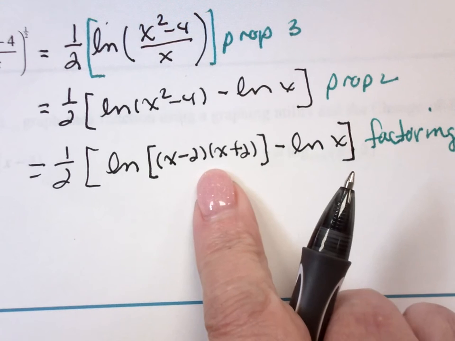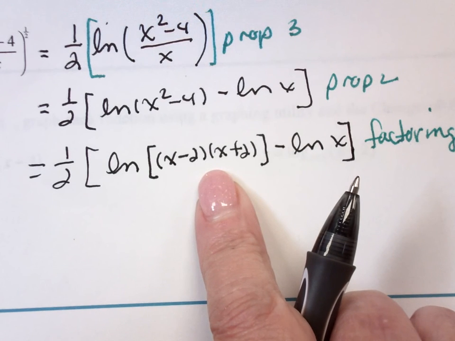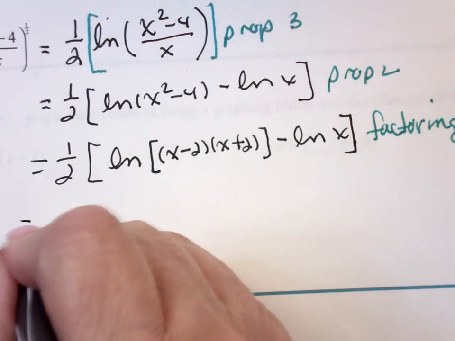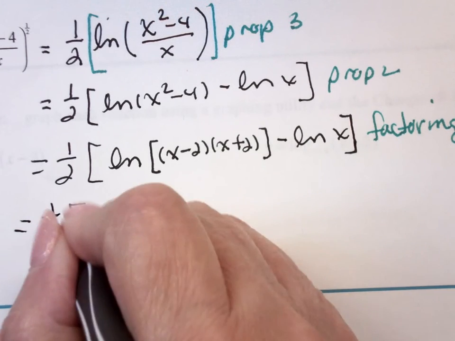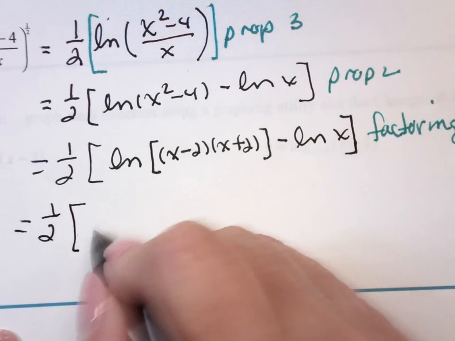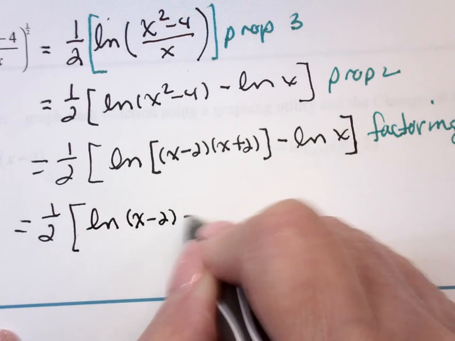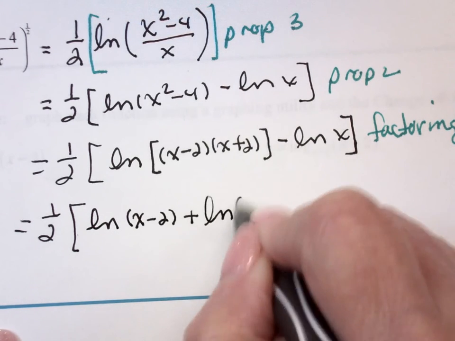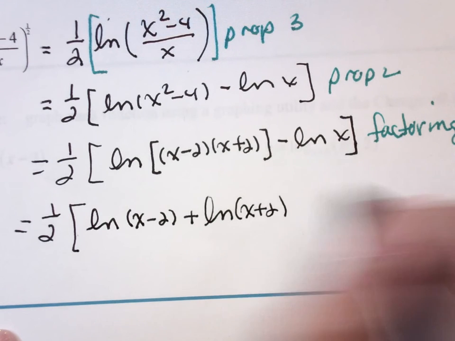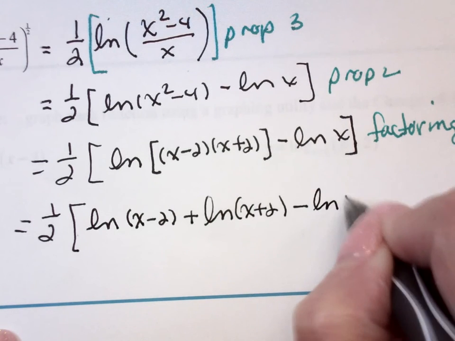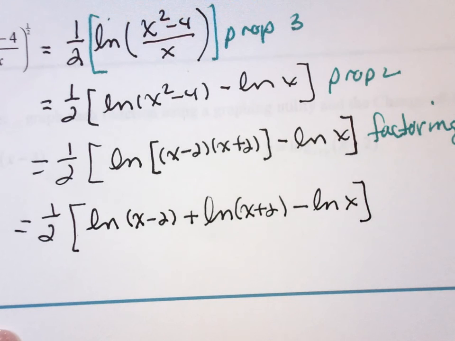This is a product, so it's going to turn into a sum. This is 1/2 again. 1/2 multiplies everybody. It's the natural log of x minus 2 plus natural log of x plus 2 minus natural log of x. And that's property 1.